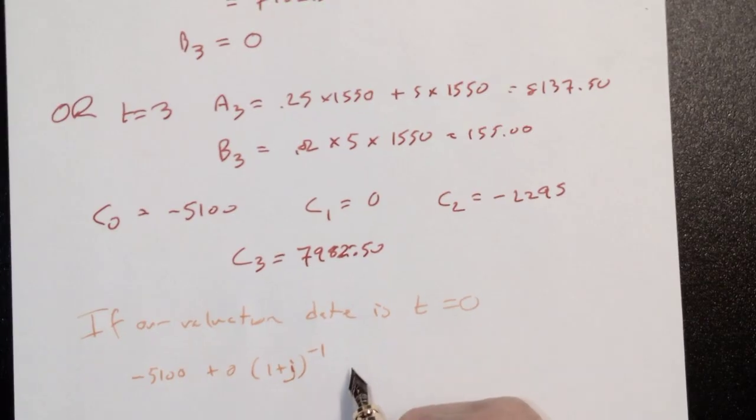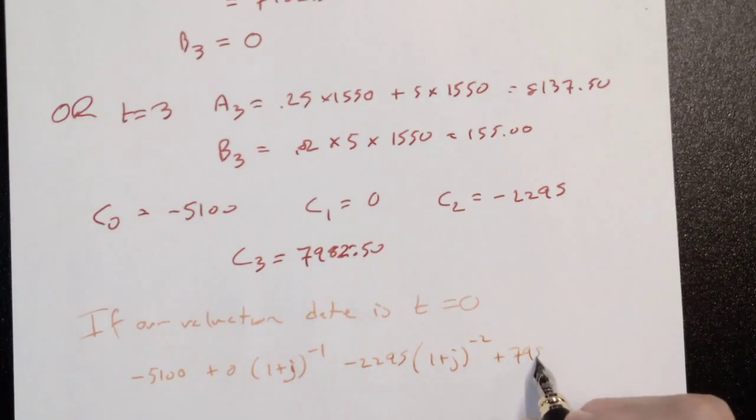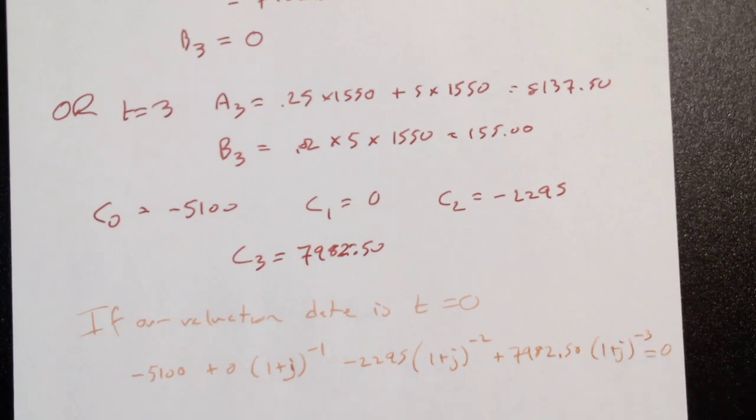And then minus 2295, 1 plus j to the negative 2, and then plus 7982.5, 1 plus j to the negative 3 should be equal to 0. That's already set equal to 0. We can plug that right into the solver, right? I can also do it graphically.